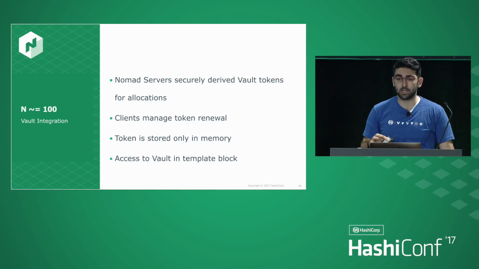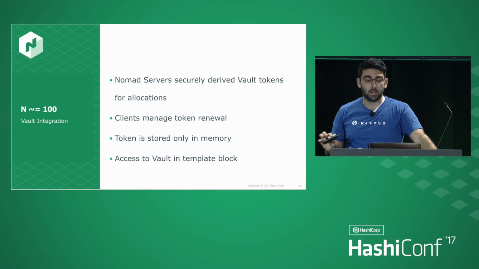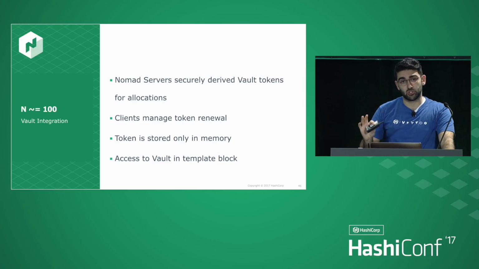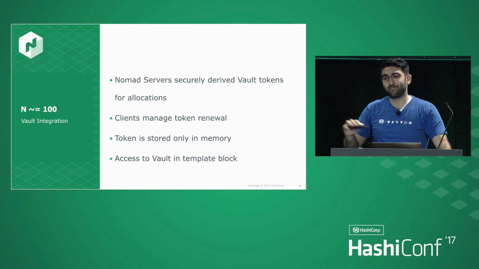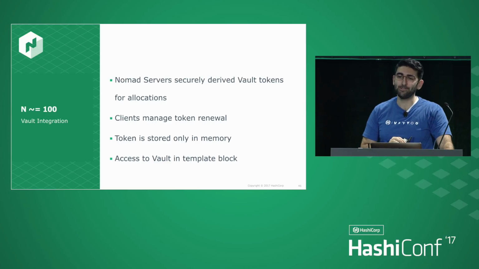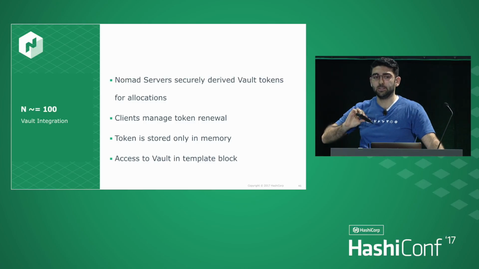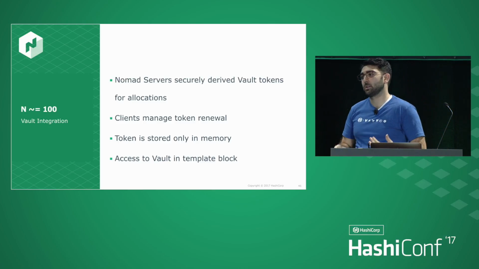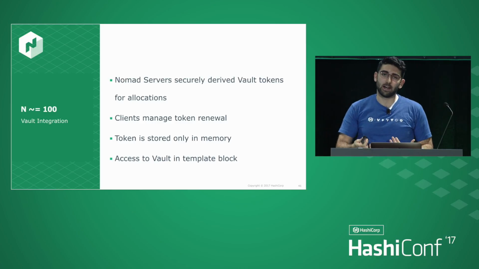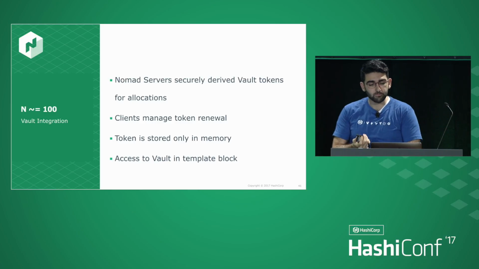And to make it even more secure, we don't ever store the token in the servers. The servers are actually never exposed to the token. There's lots of hoops you jump through to make that happen. And even on the clients, we only store the token in memory. So we make the token available in an in-memory file system to the application.